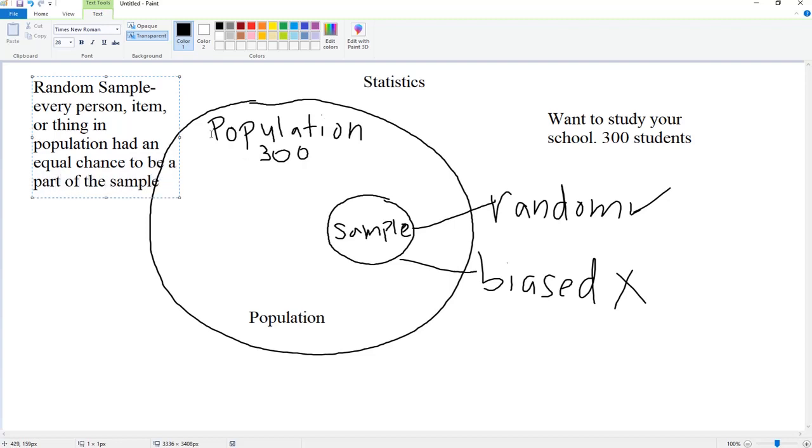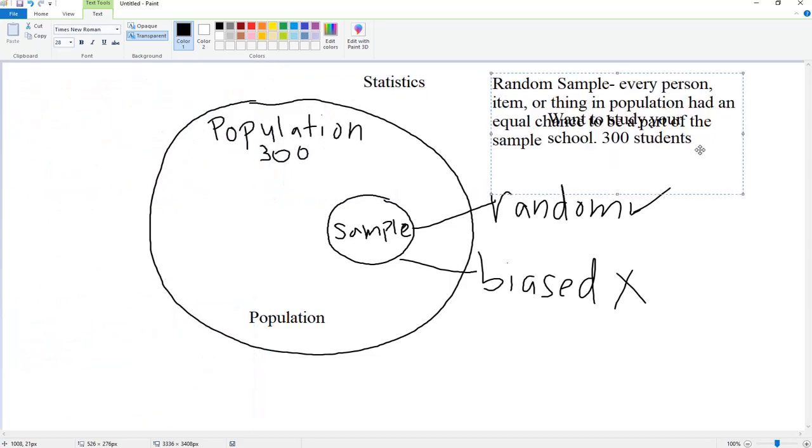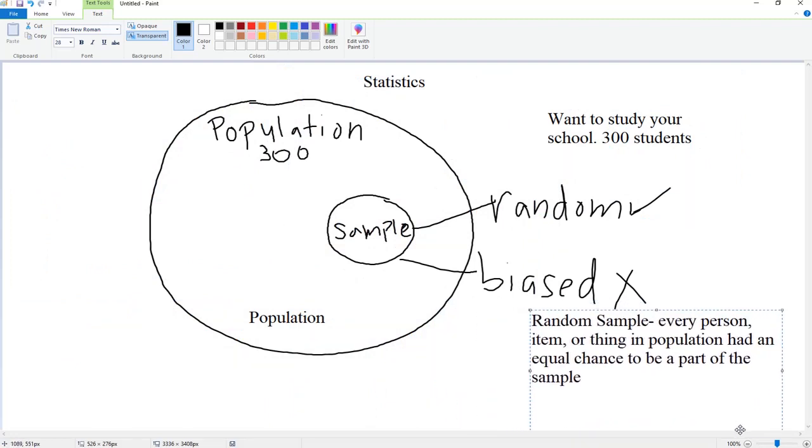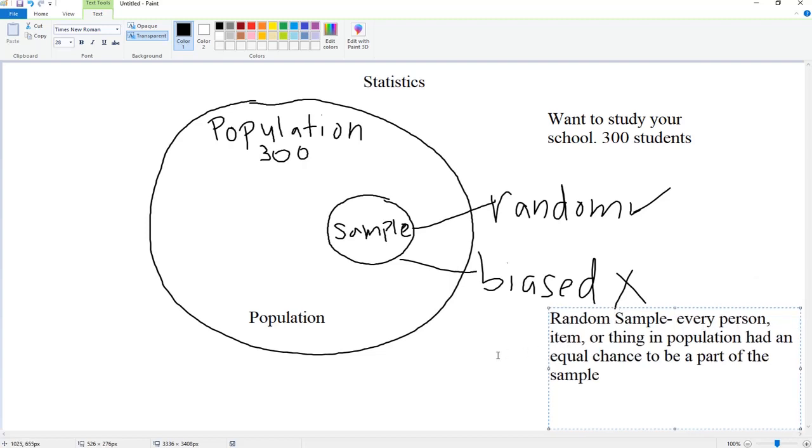So that could be anything from, like, asking every third person who comes in through the door. You could assign everybody a number and you randomly pick those numbers from a hat. Anything that has every single person in the population having an equal chance of being picked, that is a random sample. That is the sample you want.